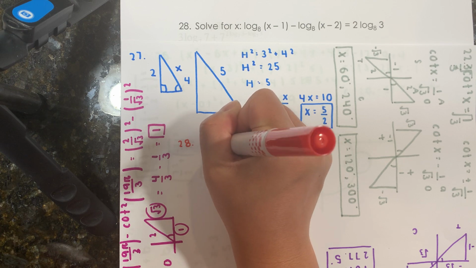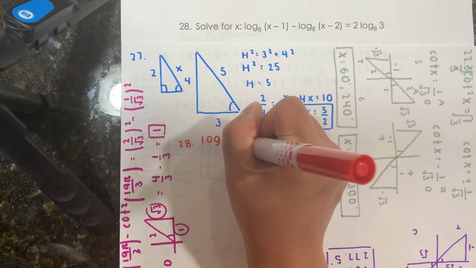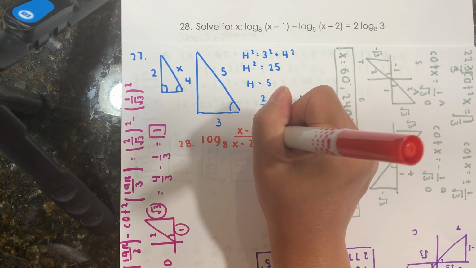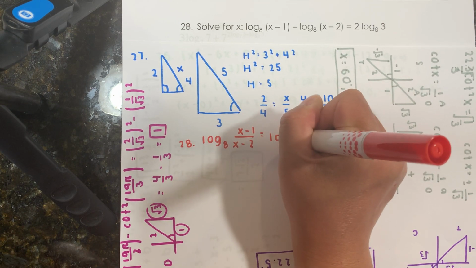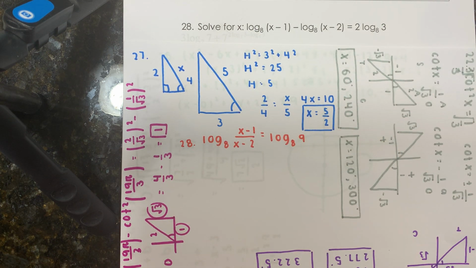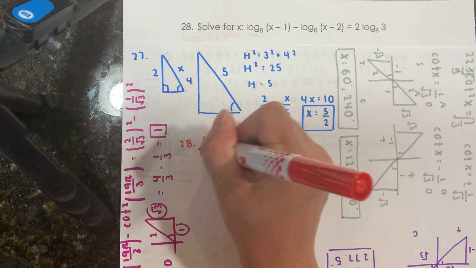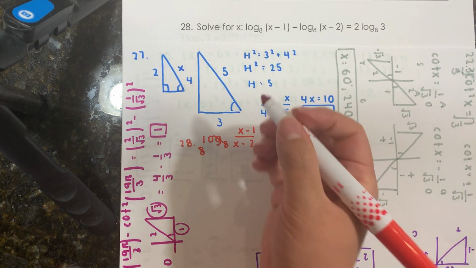log base 8 of (x minus 1) over (x minus 2) equals log base 8 of 9, because 3 squared is 9. Now I'm going to get rid of the log base 8 by raising it to the power of 8 and cross multiply.